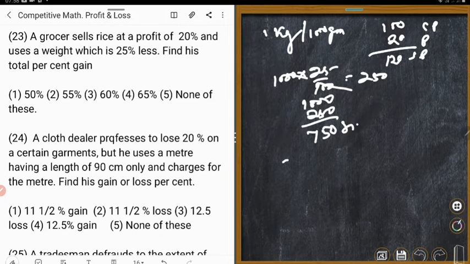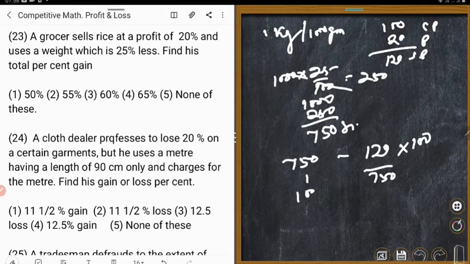So he sells 750 gram at what price? At 120. 1 gram upon 750, 100 in 100. 0 cancelled, right? 25 3 the, 25 4 the, 3 4 the is equal to how many? 160. 160 upon 1000.